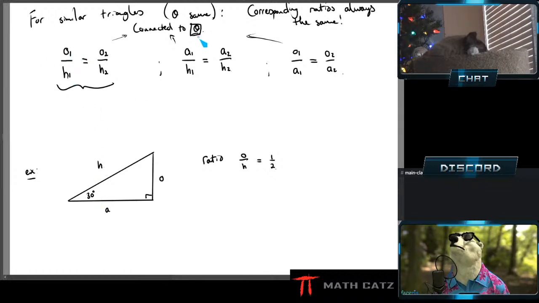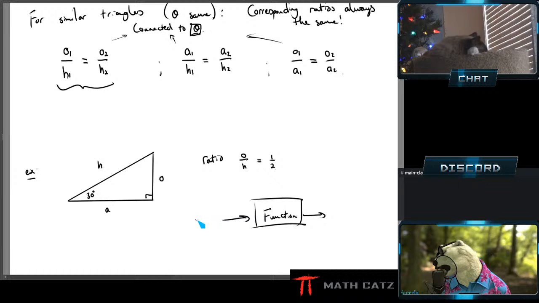A function is simply some calculation, some button on your calculator, some mystery box that you don't necessarily see. I give it an input. In this case, I'm going to give it the input, which is the angle. It does what it does.